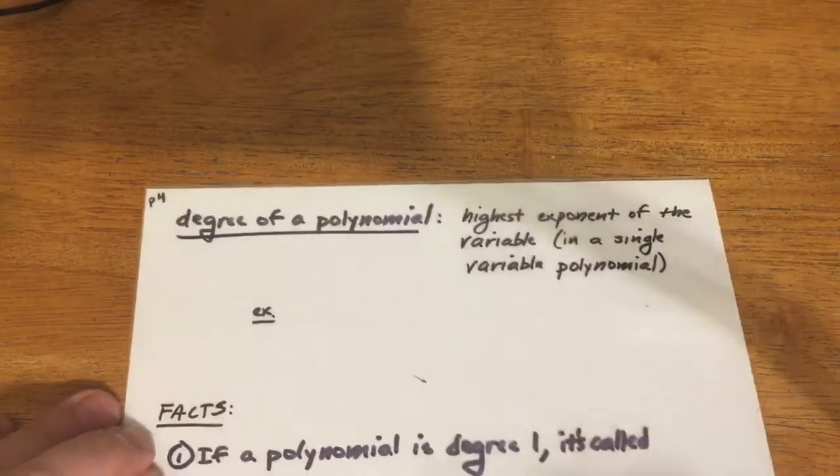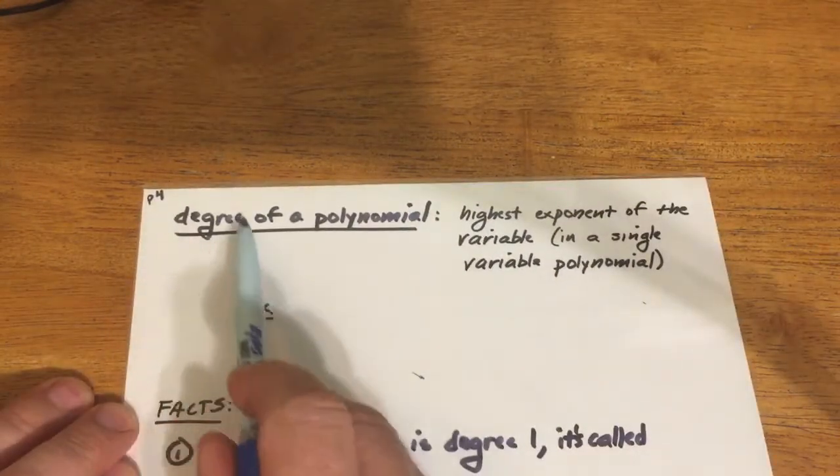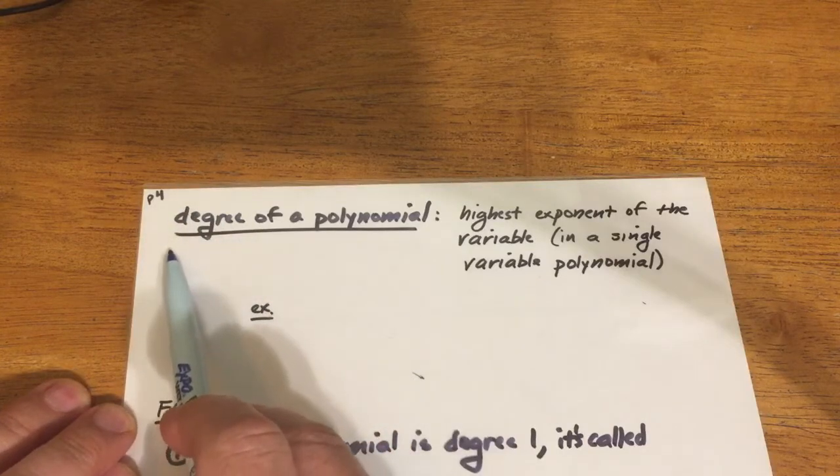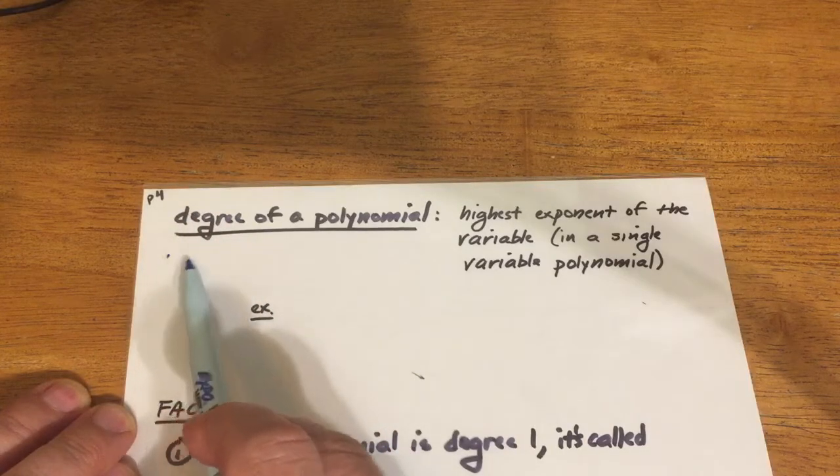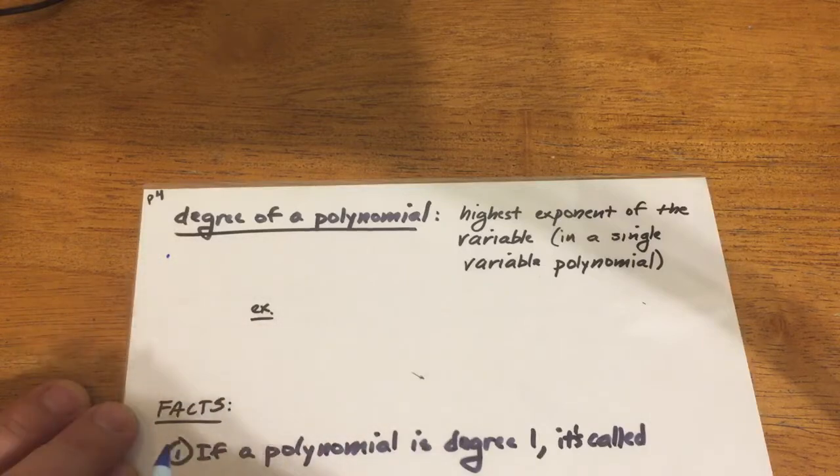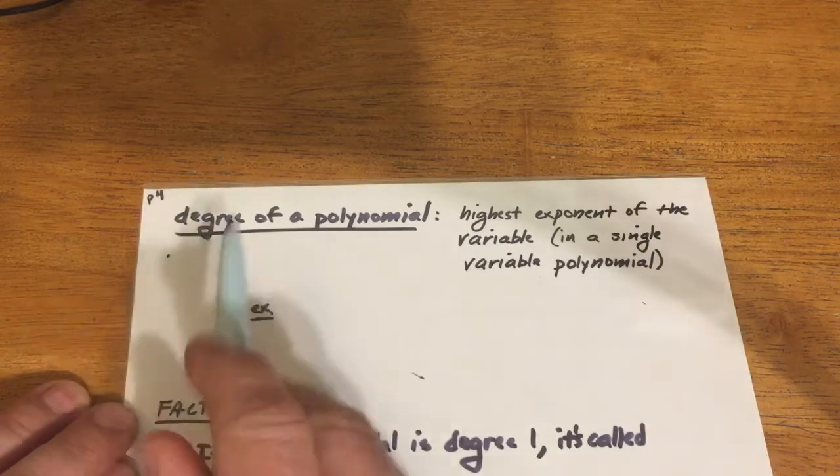What we've got next is called the degree of a polynomial, and degree will be important to understand because that helps us figure out the look of the graph of the related polynomial function in general.